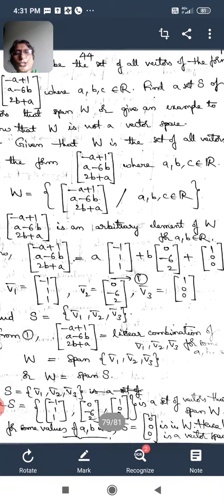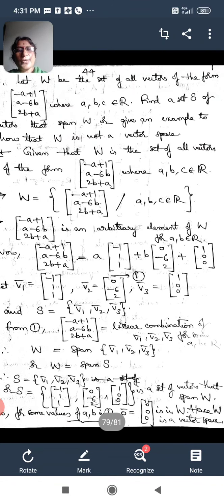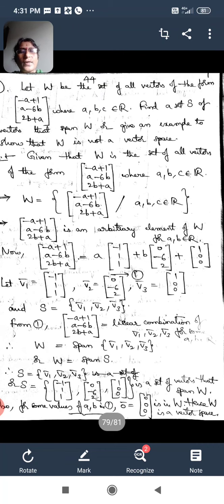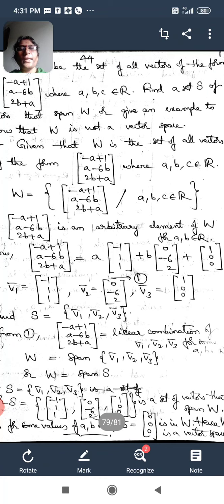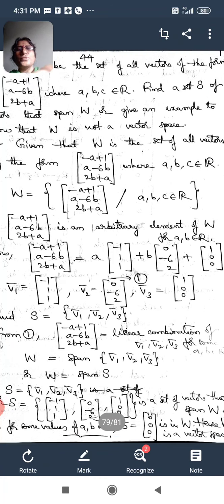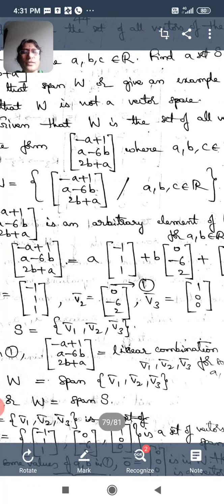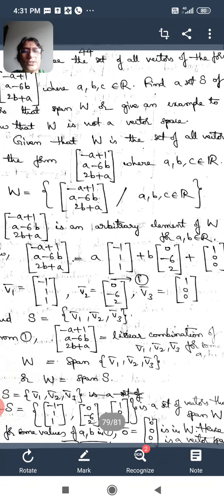Next, we can also claim that for some values of a, b in equation 1, the zero vector, 0 bar equal to 0, 0, 0, will be in w. So for some real values of a, b in this arbitrary element, we can substitute and get the column vector 0, 0, 0 as the resultant vector, and that is the zero vector.